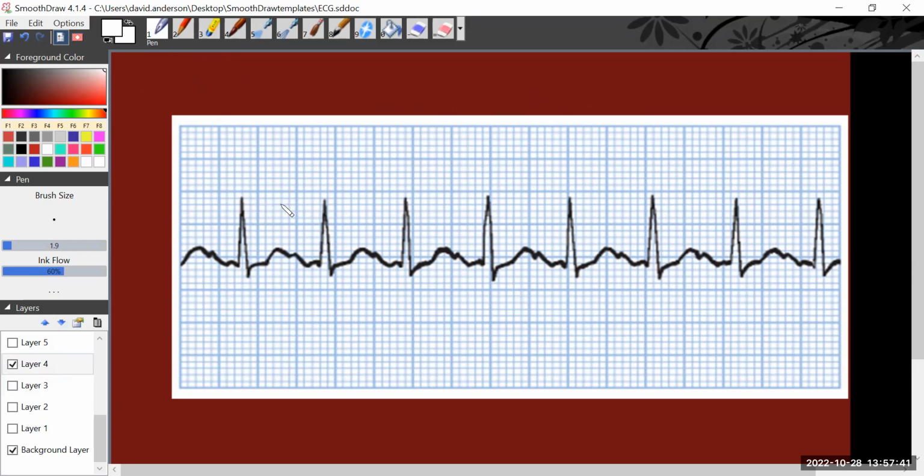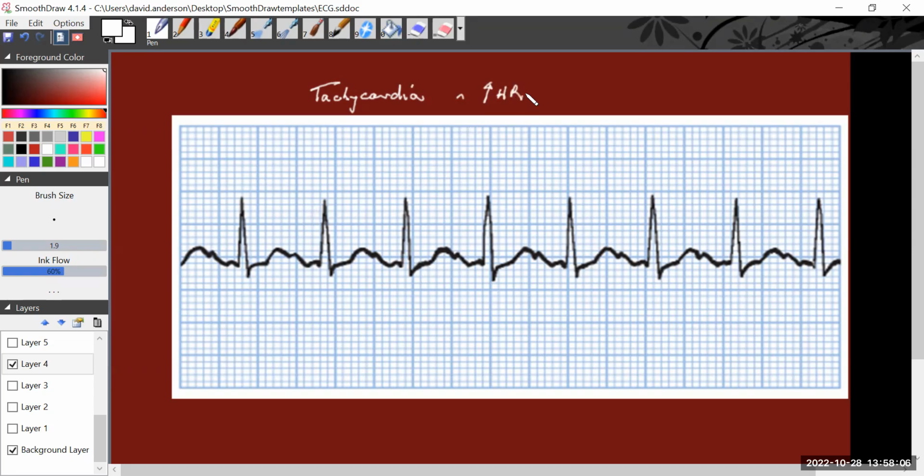Now we can see here that there's not much more than 2 squares between. So this would represent a tachycardia. It's a sinus rhythm abnormality. In this case, it's an increased heart rate.